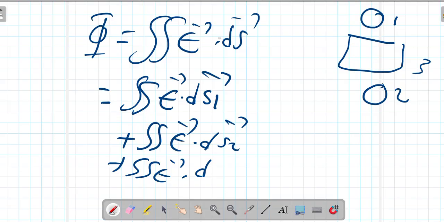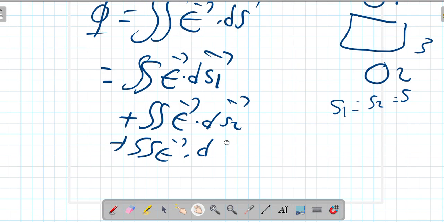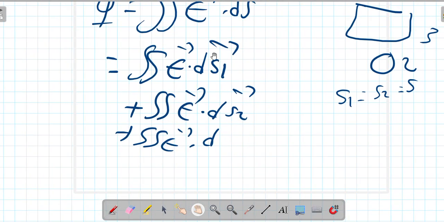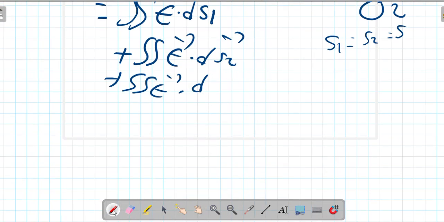So now, your surface, you decompose it into surfaces S1 and S2. But you know that S1 and S2 are just the same surface, so I'm just going to call it S. Now, the dot product: by definition, E dot dS1 is defined to be E, the magnitude of the vector, times dS1, the magnitude.